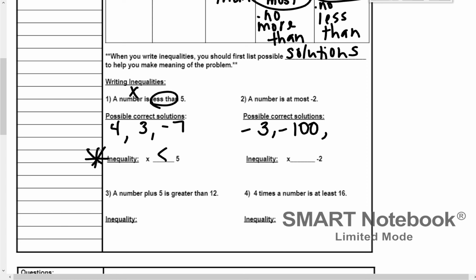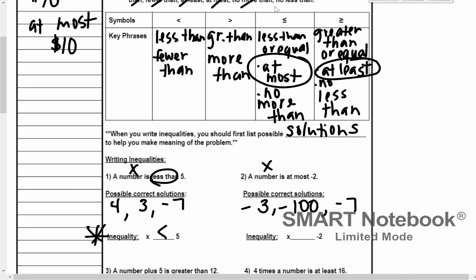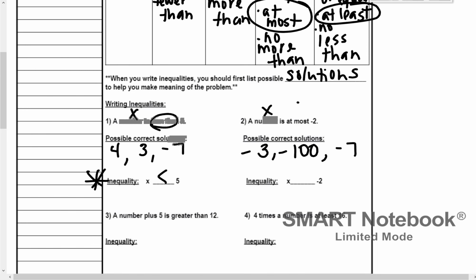So could be -1,000,000, whatever numbers you wanted to say. Okay. The inequality we would write then is x, which is our number, is at most, which means less than or equal to -2. Right? And that's how we write an inequality.